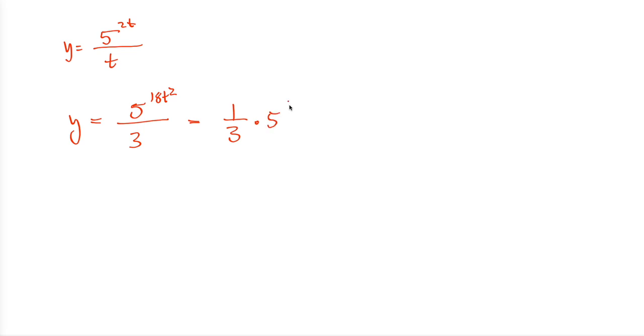But even if you didn't recognize that, you could do quotient rule on this one, it would still work. So theoretically, any fraction you can do quotient rule on if you're not sure. Okay, why don't I stop there?